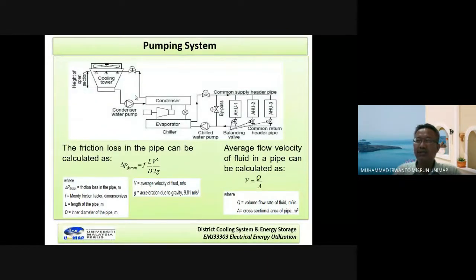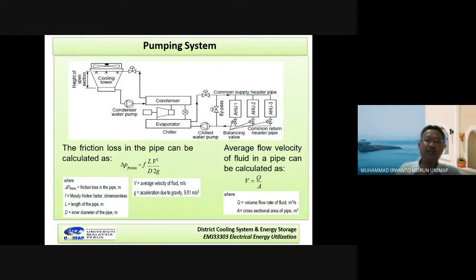Meaning it follows the length of the pipe. So during the water flow through the pipe, how many meters? The meters for the pipe. So we have the friction losses for the pipe.